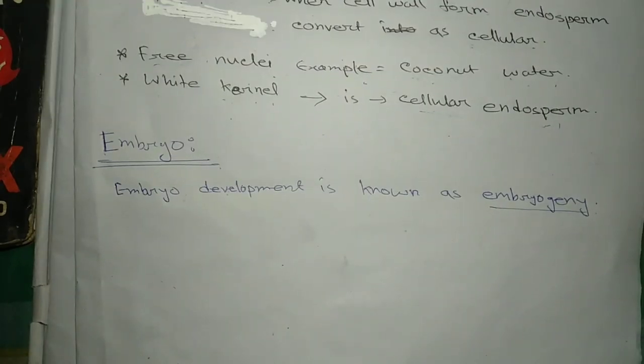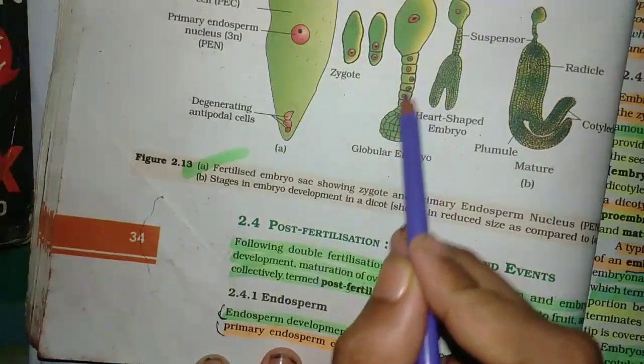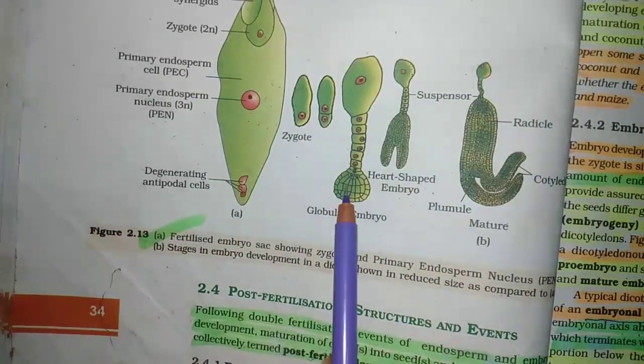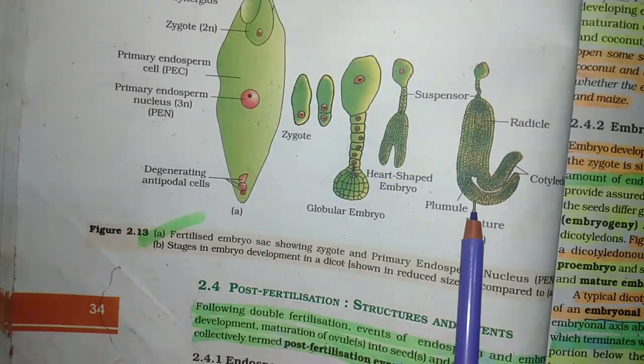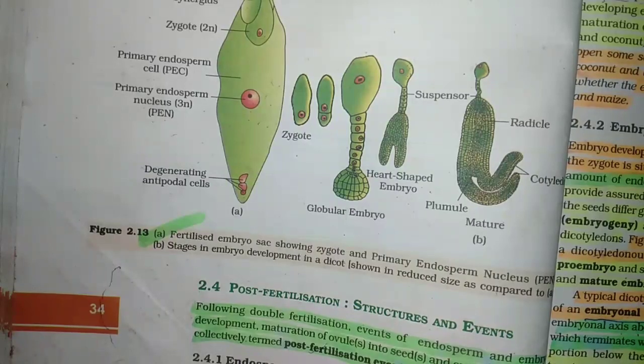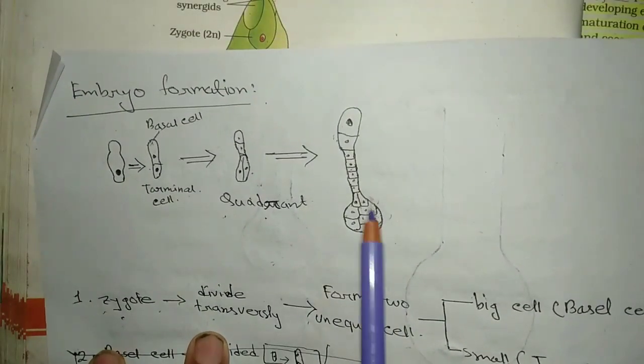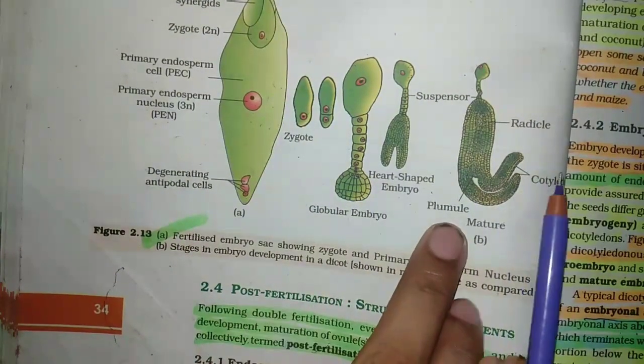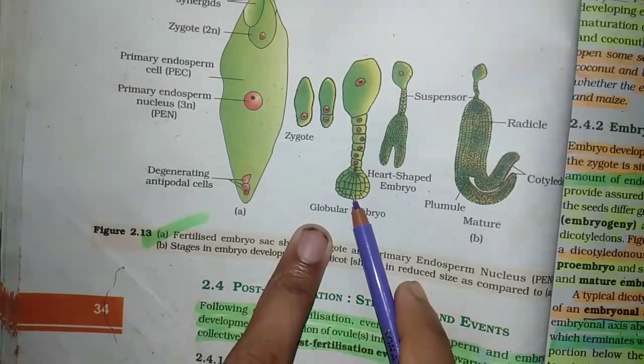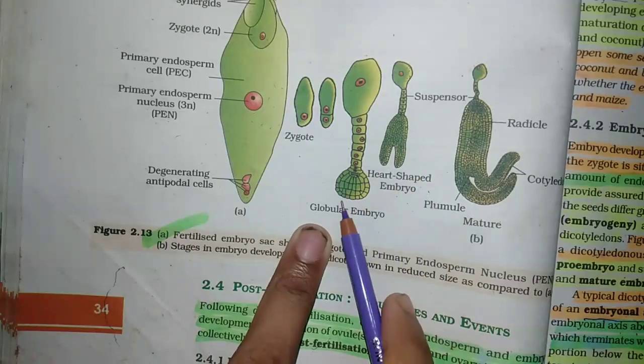This embryogeny is the same in both monocotyledon and dicotyledon plants. In dicotyledon embryo formation, I have shown a structure like this, and from here we get this structure, and the last is the dicotyledon embryo.